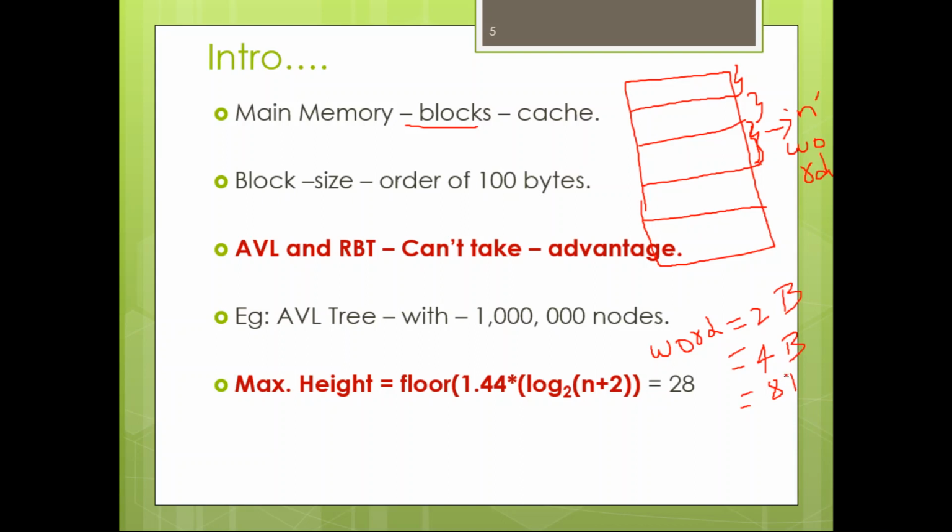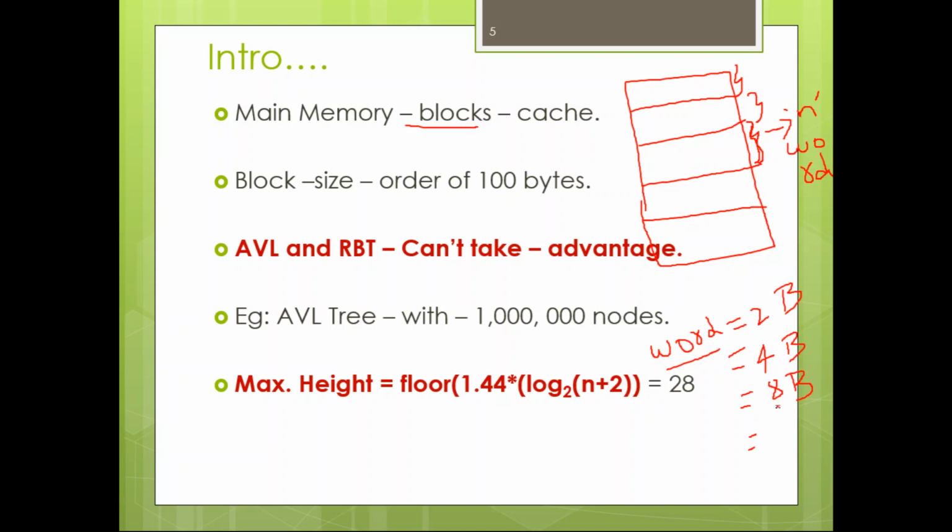So a block is nothing but a collection of words, and the size of the word varies from computer to computer, but generally the size of the word will be a multiple of bytes.